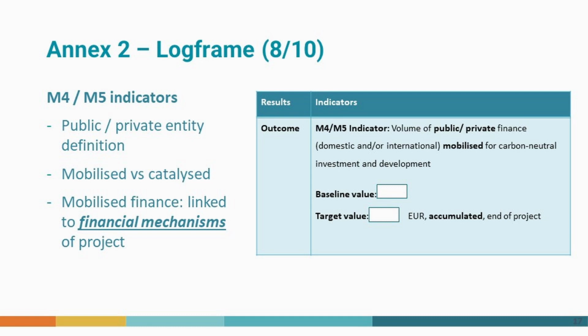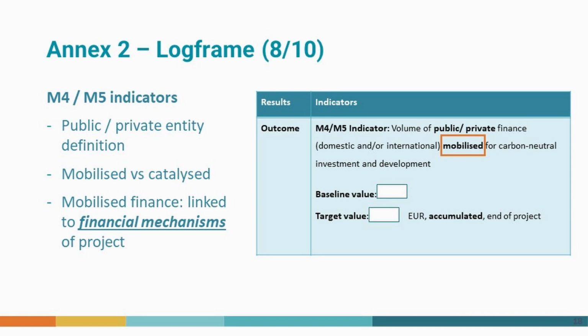First, it is crucial to identify the public and private entities from which the funding is expected to be mobilized. For this purpose, in our M&E framework, Annex 8.4 provides a specific definition based on OECD source. It is recommended to take a look at this annex. Secondly, one of the key characteristics in the definition of M4 and M5 indicators is mobilized finance, which is different from catalyzed finance.